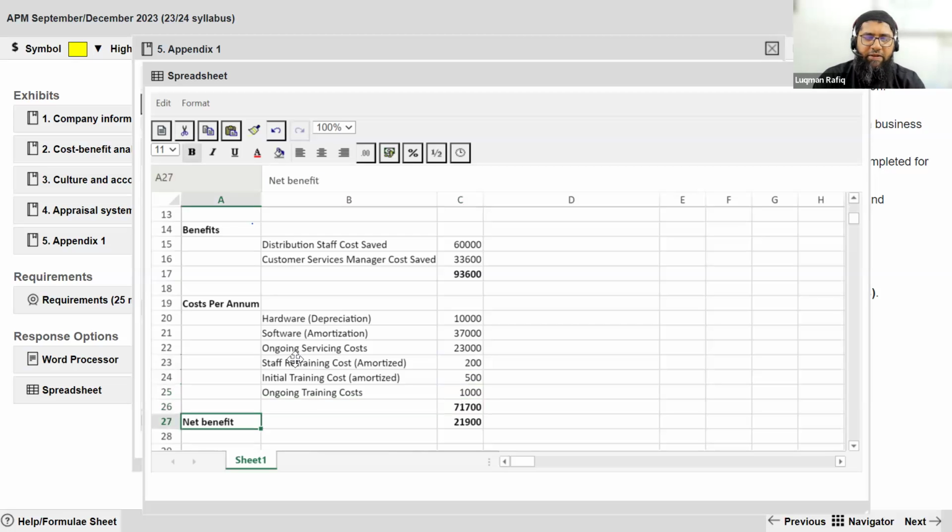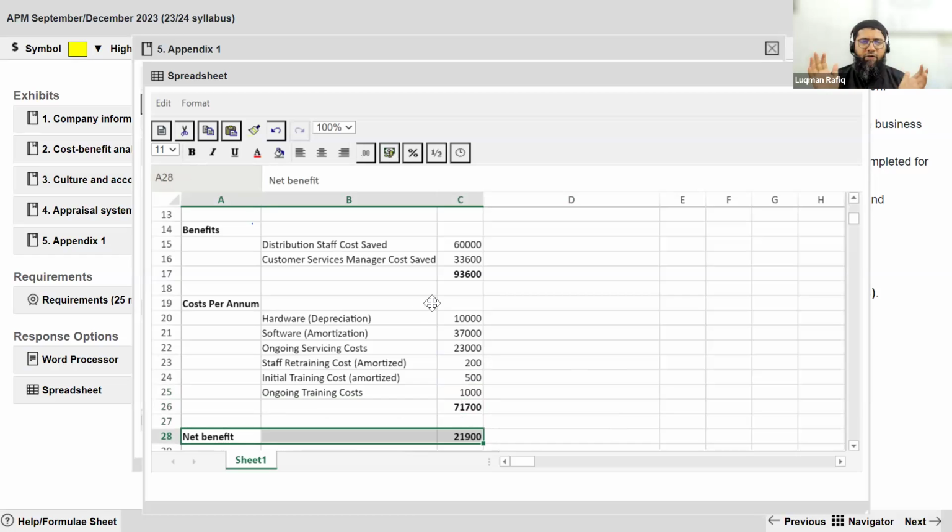So hence, resultingly, the net benefit is going to be 21,900. Now, what have I done? I've compared it for the overall period, which is going to be the total periods that's going to prevail.